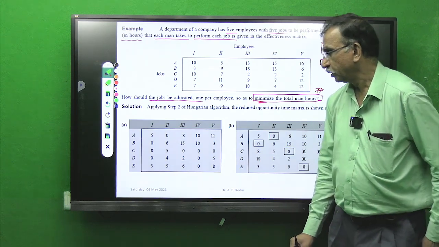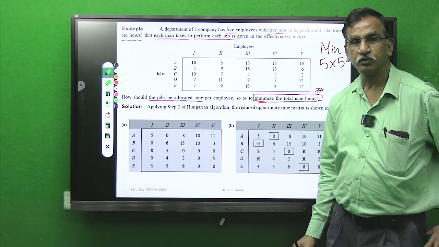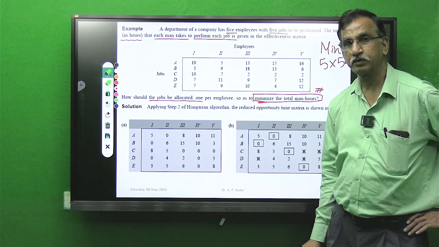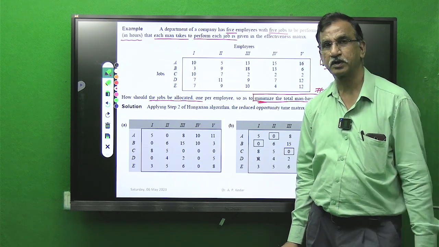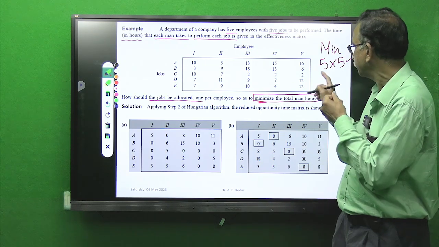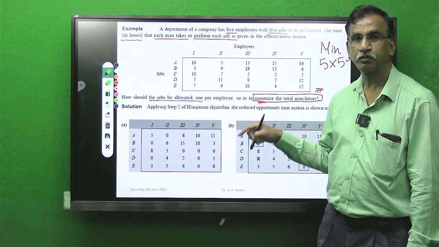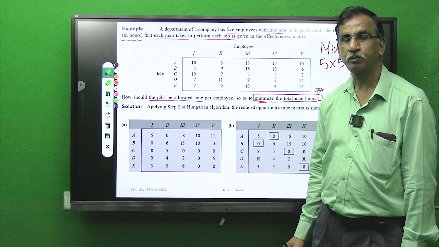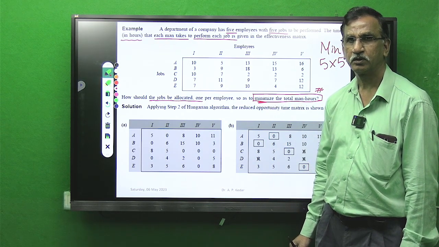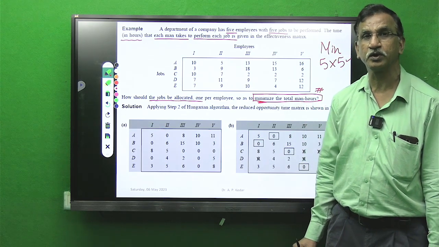Now under step numbers 1, 2, 3, 4, 5, 6, 7, we have seen 7 steps in our earlier lecture. After ensuring that the size of the matrix is n by n, we have to perform row operation. In some textbooks they also refer to that as row reduction.